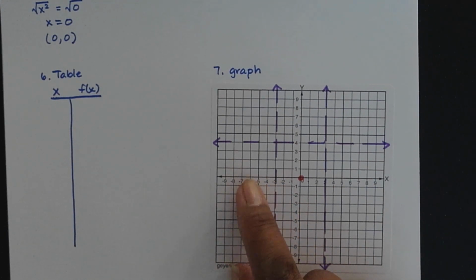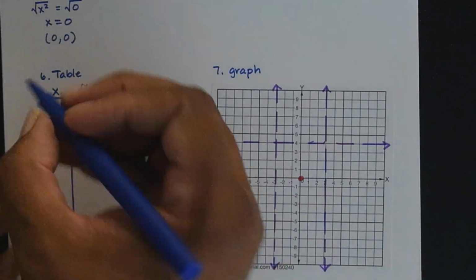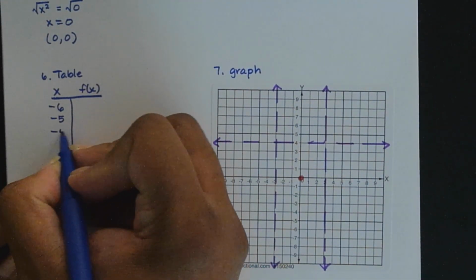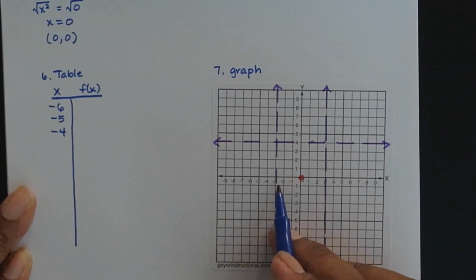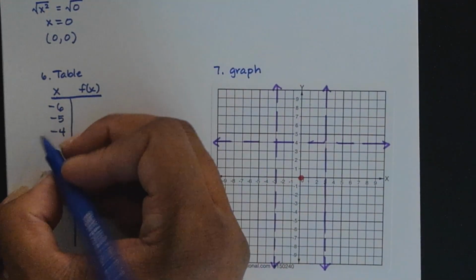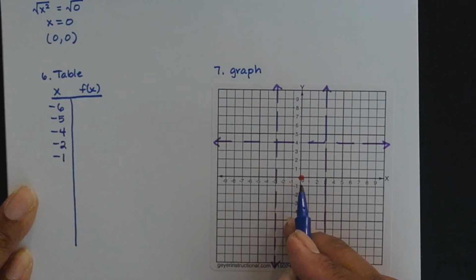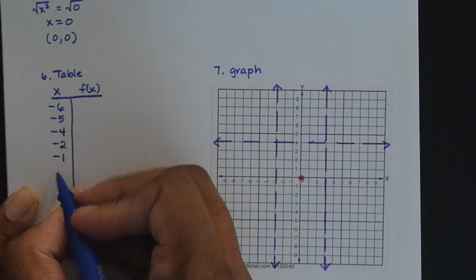I'm going to pick x values like x equals negative 6, negative 5, negative 4. And to the right of x equals negative 3, I'm going to pick negative 2 and negative 1 as x values. My x-intercept is at 0, so let's use x equals 1 and x equals 2.